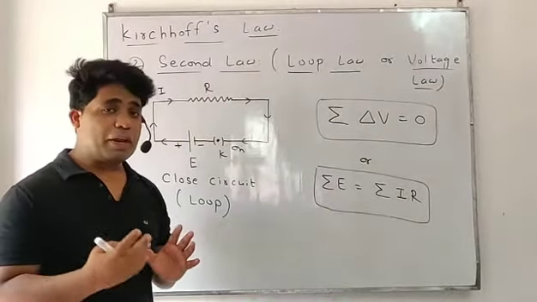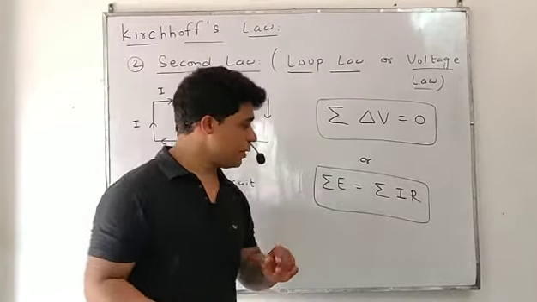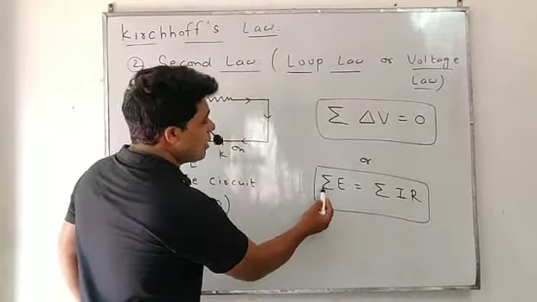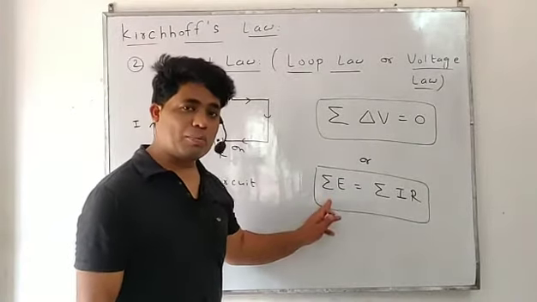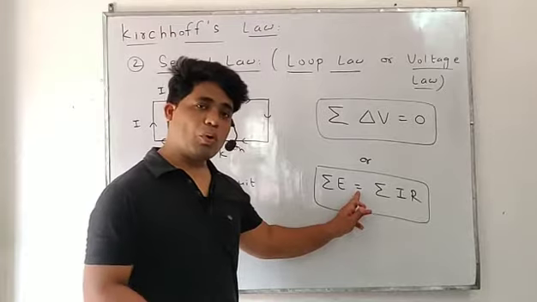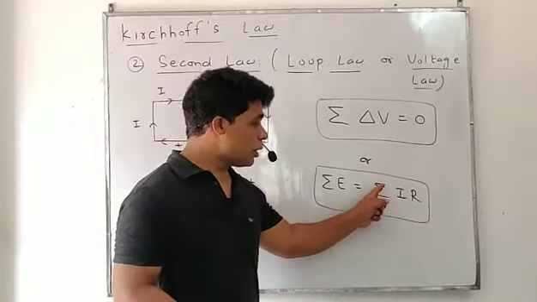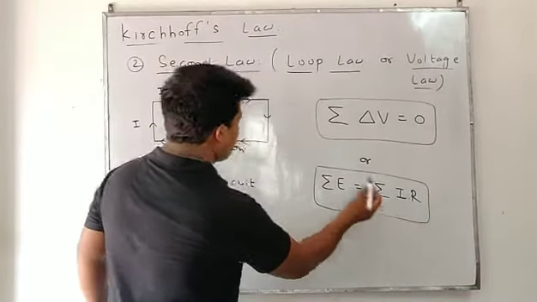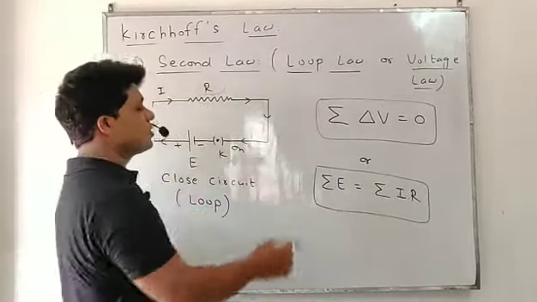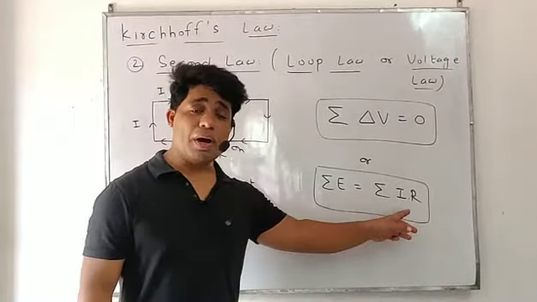Either we can define it in one more way. See, another alternative statement: the algebraic sum of the EMF of cells over a closed network is equal to the algebraic sum of the product of current and resistance of that closed network. It means sigma E equals sigma IR.